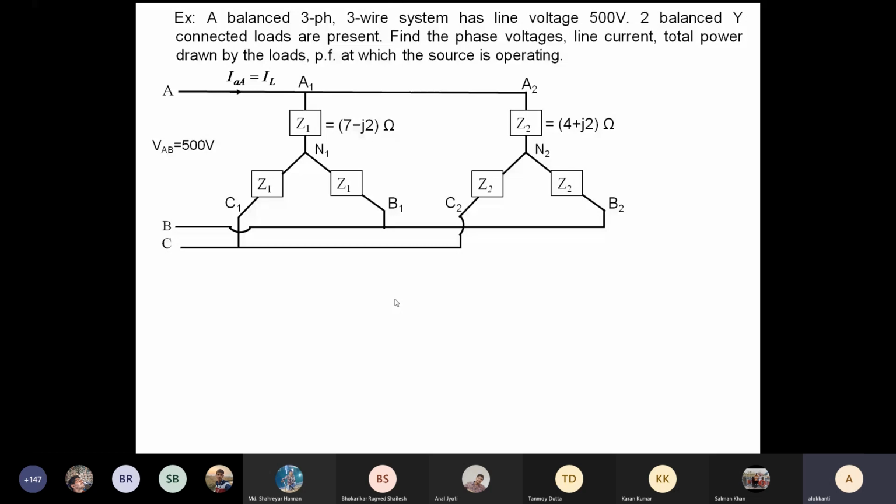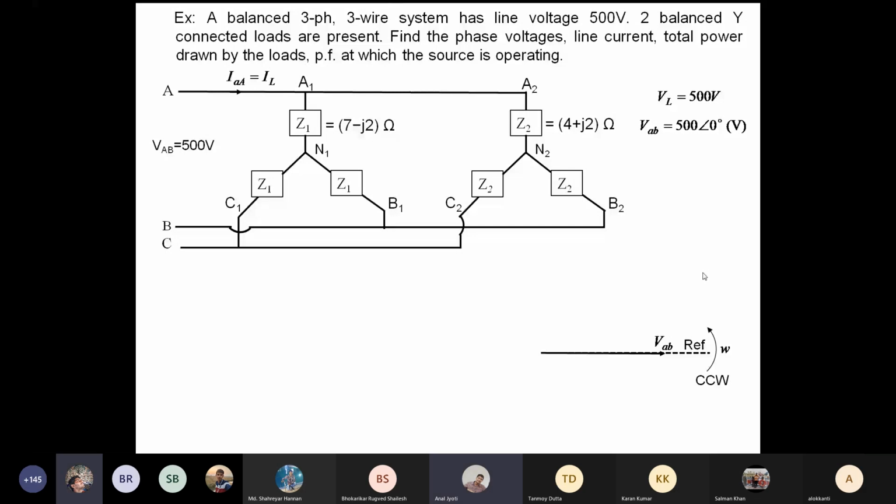What is given to you is VL of 500 volts, the line to line voltage. If we assume that VAB is 500 angle 0, you can draw the reference phasor. So what is the phase voltage? 500 by root 3, angle minus 30 degree.